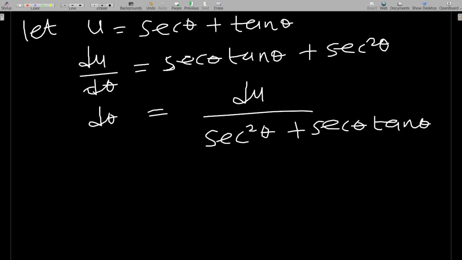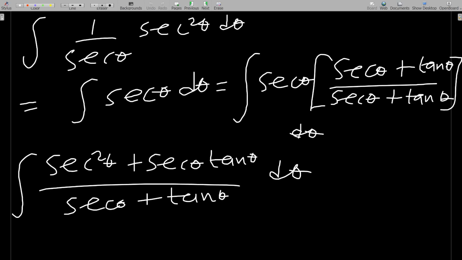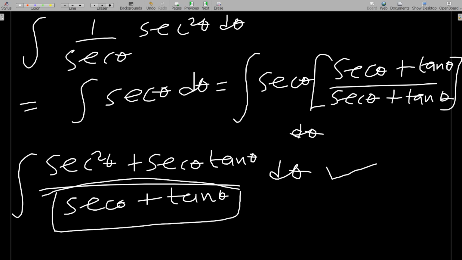This is true, right? So we come and substitute these into this. We're saying that the whole of the denominator here is my u. That's why we said that u should be equal to sec theta plus tan theta.